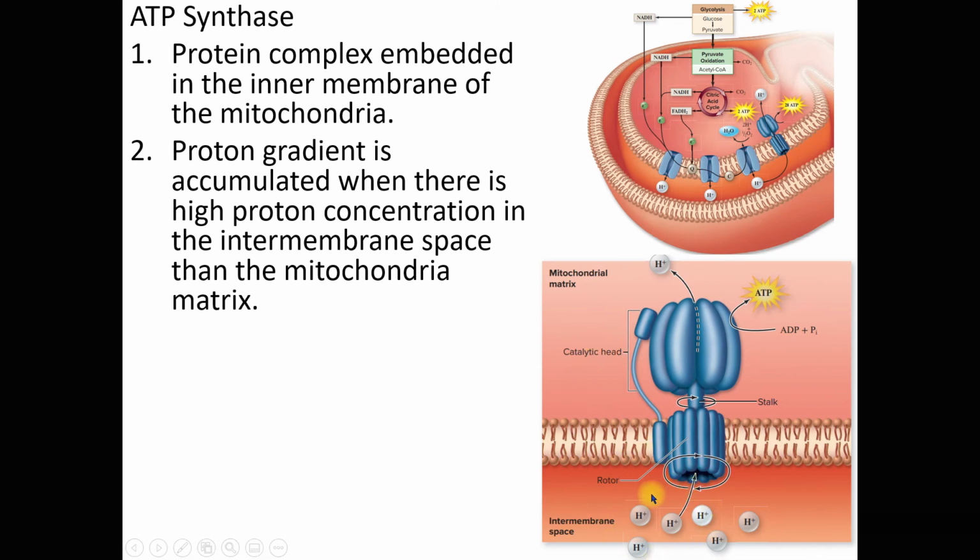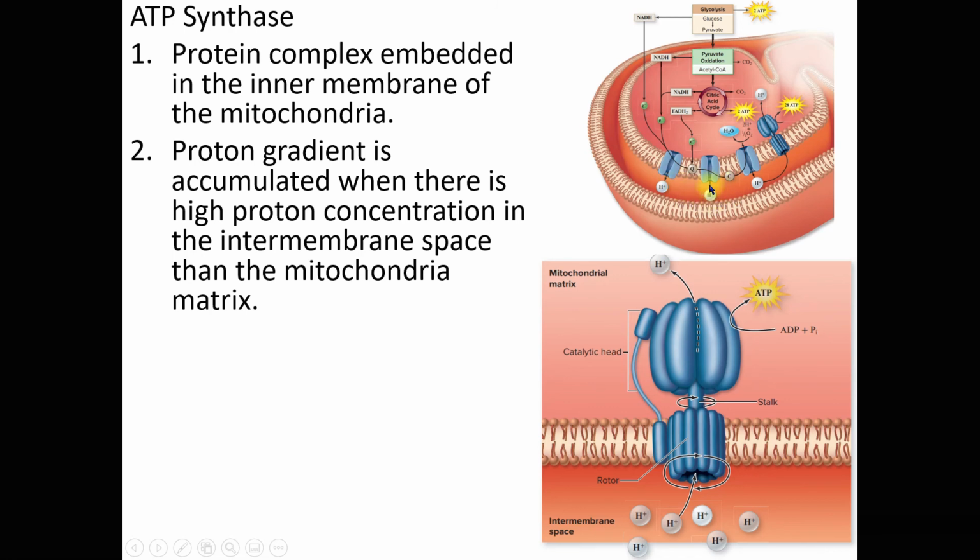Why the proton gradient here is higher is because of the action of the NADH as well as FADH2. This part you will learn later on in the electron transport chain topic. From this diagram you can also see how NADH and FADH2 carry and transfer the hydrogen ions from the mitochondrial matrix into the intermembrane space.